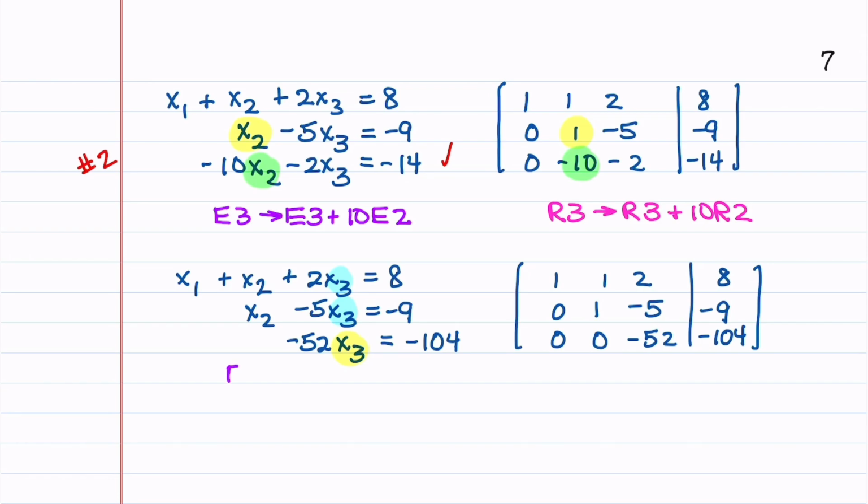So we say that E3 is going to go to minus 1 divided by 52 times E3. Likewise, in our augmented matrix, we're going to have row 3 become minus 1 over 52 times row 3.